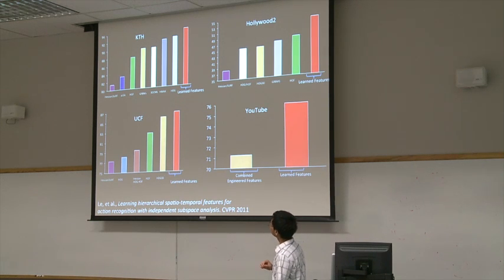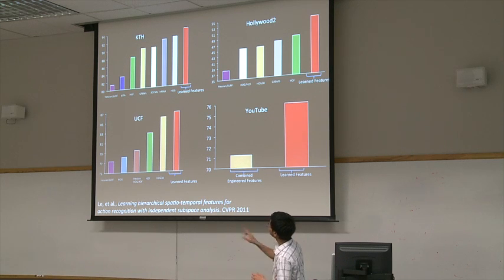And so one computer vision expert actually came to me and told me this observation as well. He said that people have tried this using hand engineered features, but what they usually observe is that hand engineered features only work for one dataset. So for example, in the Hollywood 2 dataset, the HOG feature works best.